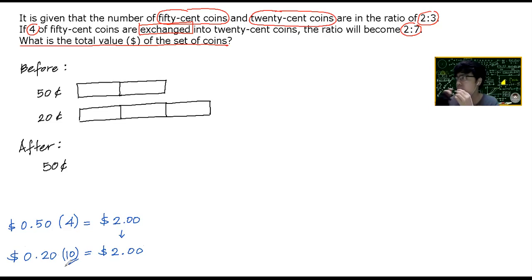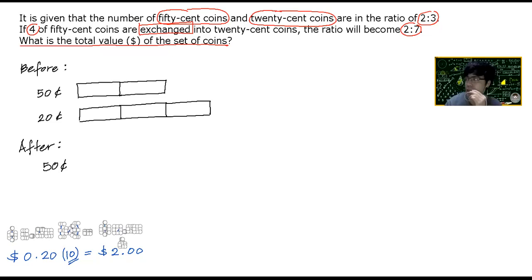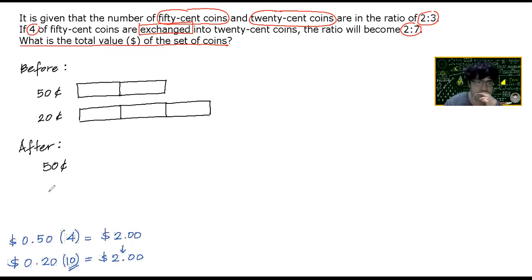Now, what will happen here is the 20-cent coins will be changed, and the ratio will become 2 is to 7.